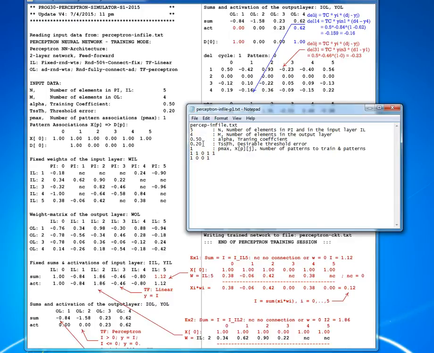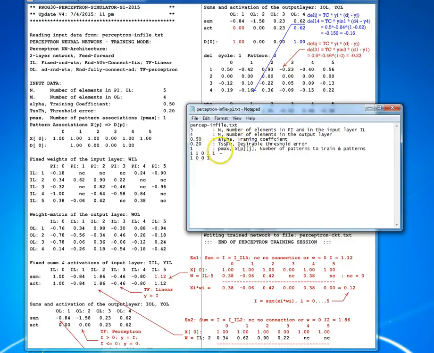If the desired value is 0, it will train the output such that it will be less than 0.20. So for a 0, it will be less than 0.20, and if d is equal to 1, it will be greater than 0.8. That's called 20% error.